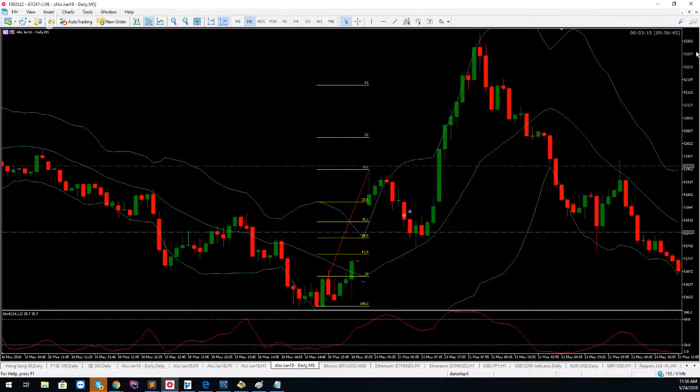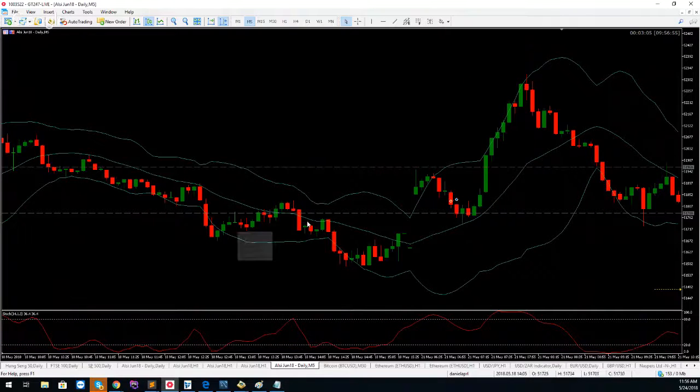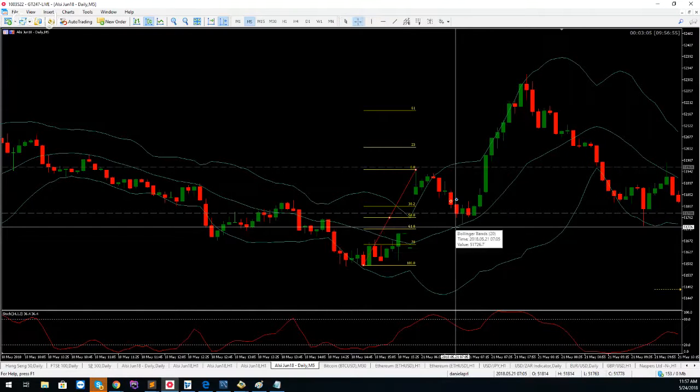Let me just delete that. So this was a trade that we traded. Markets came down the previous day and gapped open. When it gapped open, I wait for the swing. So I draw the fibs from bottom to top of the swing. It went up, pulled back, pulled back, pulled back. In this case, it hit almost at 61%.